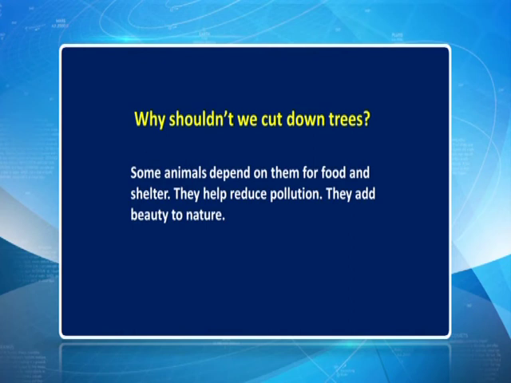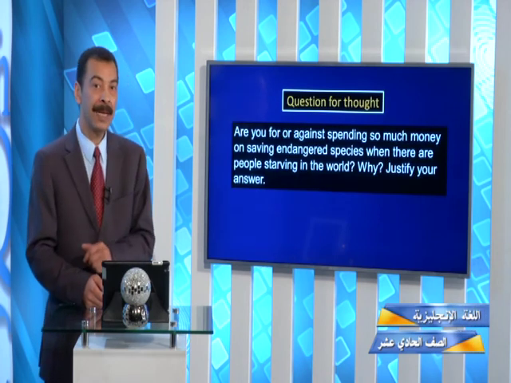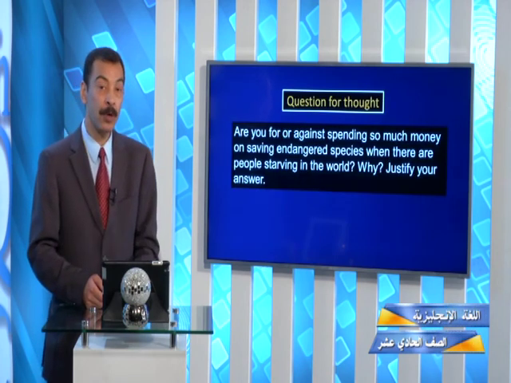They help reduce pollution. It's true that trees help reduce pollution because they give us oxygen. They add beauty to nature. Besides, they, that is trees, add a sort of beauty to nature. So that was some questions for our set book questions.